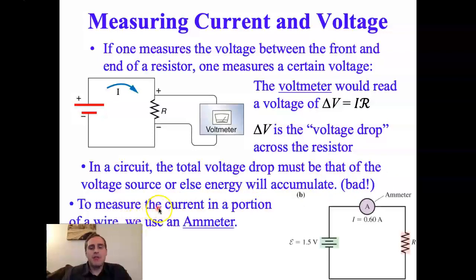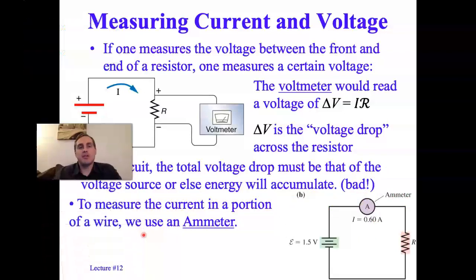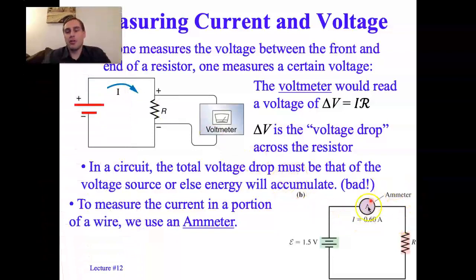Now, by the way, if you want to measure the current in a portion of wire, we would use a device called an ammeter. Notice an ammeter measures amperes, measures electric current. So notice that an ammeter is not across a device like a voltmeter is. An ammeter is in the line of an electric circuit.